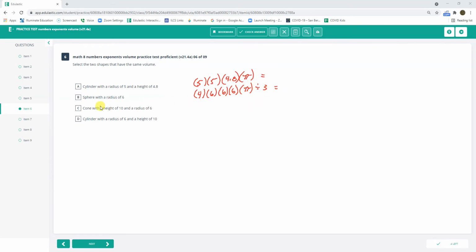That'll give you something. A cone with a height of 10 and a radius of 6, that's going to be 6, 6, height of 10, pi, divided by 3. And I'll use the calculator and get these in a moment. And a cylinder with a radius of 6 and a height of 10, 6, 6, 10, pi.